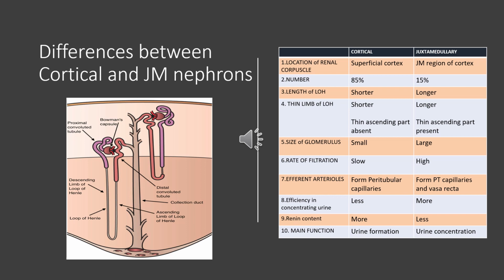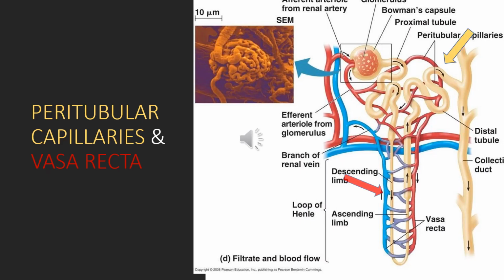Another point is regarding the efferent arterioles. The efferent arterioles of the cortical nephrons form peritubular capillaries that surround the segments of the nephron of its own and of adjacent ones, whereas efferent arterioles of the juxtamedullary nephrons form peritubular capillaries and an extra set of capillaries called vasa recta.